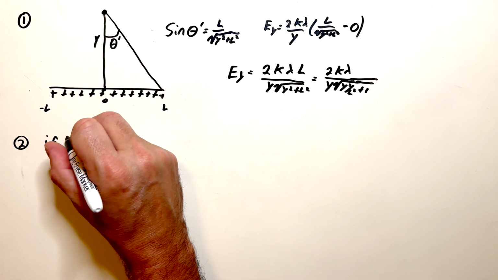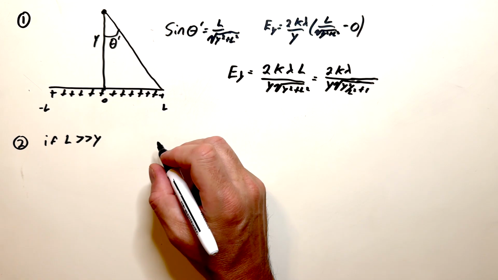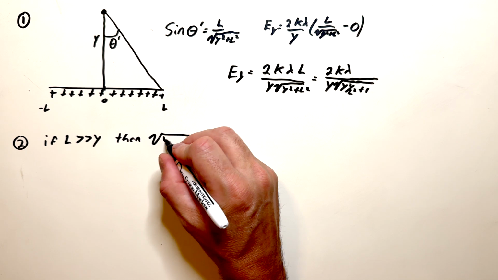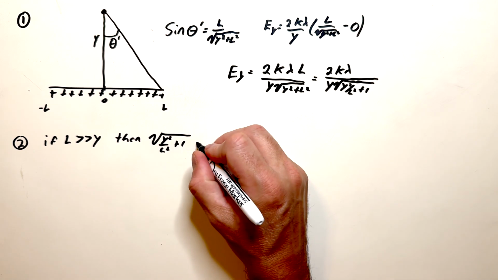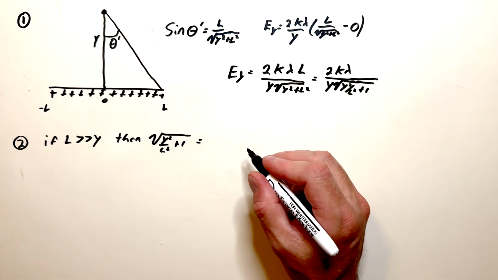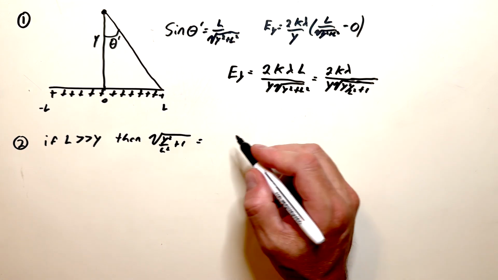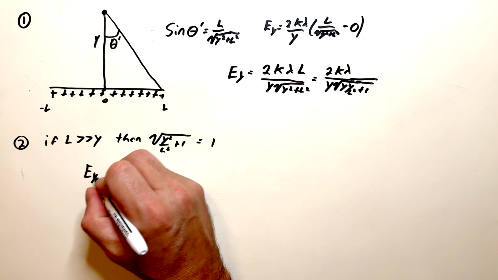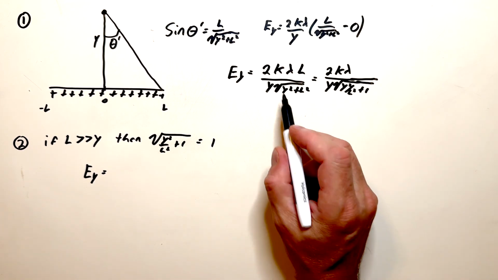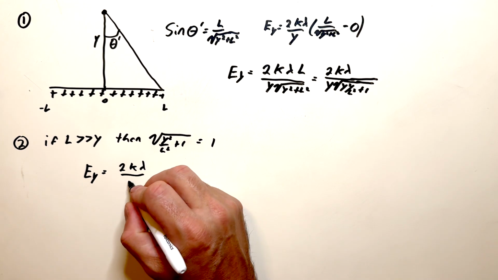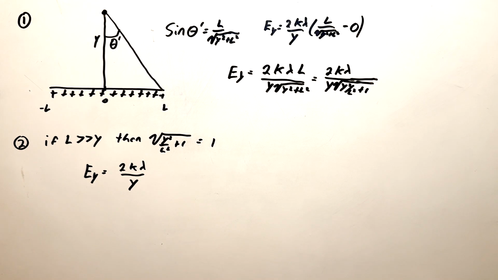Well, if L is much, much greater than y, then y squared over L squared gets really small, so this basically causes this term to drop off to 0, and so this square root is just equal to 1, which means that E sub y is going to be equal to 2k lambda over y, which is, of course, what we got in class.